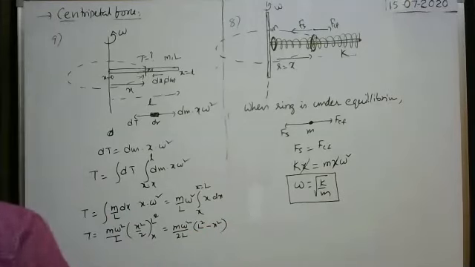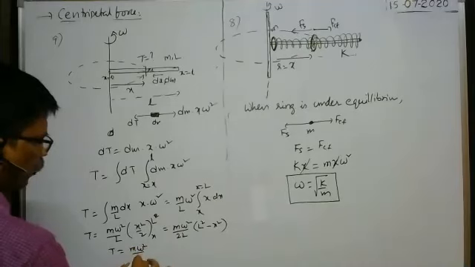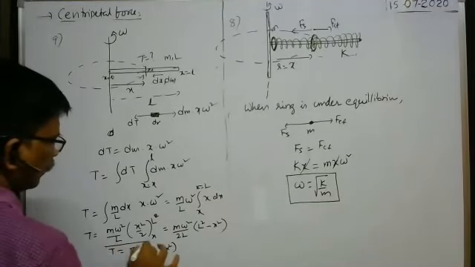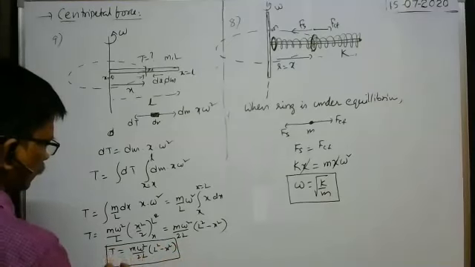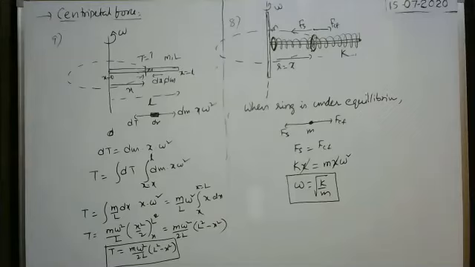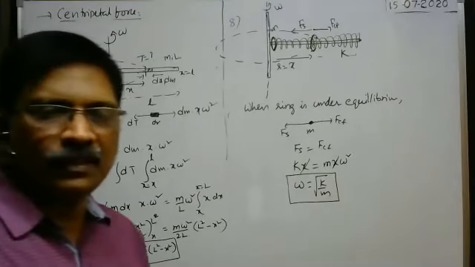This is the tension in the rod at that point: m omega square by 2L into L square minus x square. This is the formula for the tension in the rod at that point.